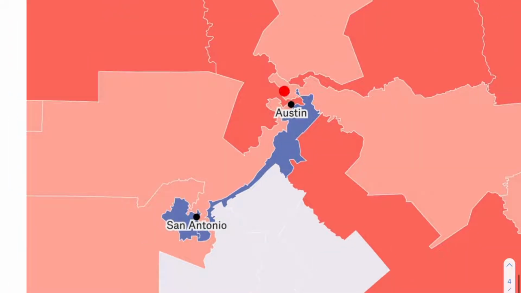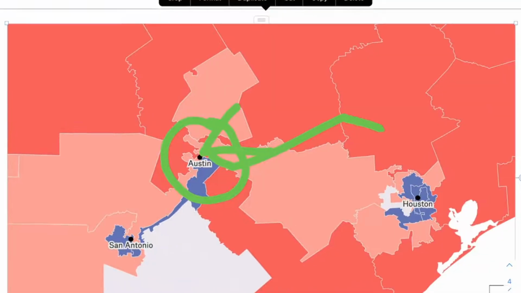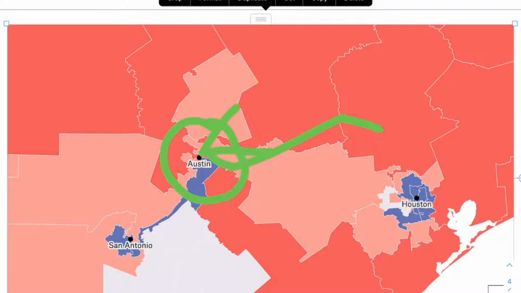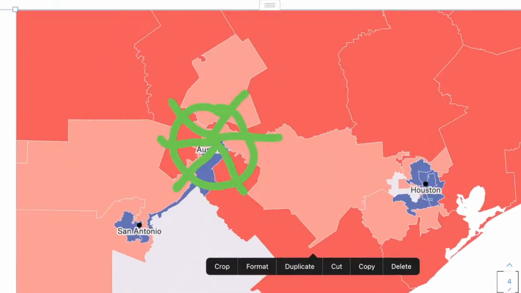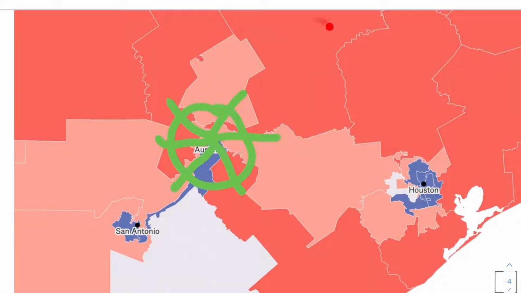What you have here is Austin is basically there. And what they did is they sliced it up like this. Whoa, sorry. They sliced it up vaguely like that, but with very crooked lines. And they put a tiny wedge of Austin in the same district with this huge region up here, right?